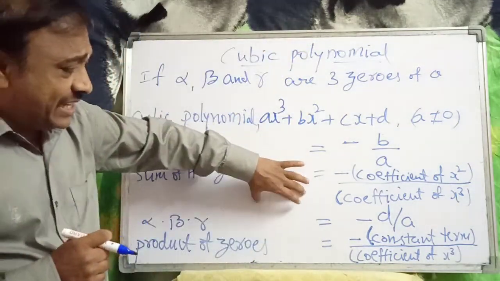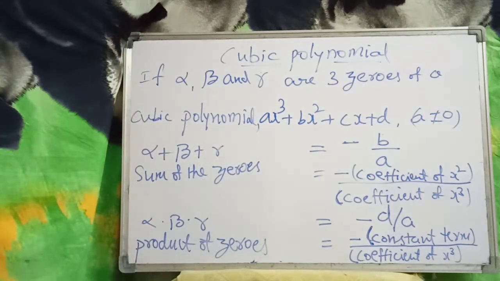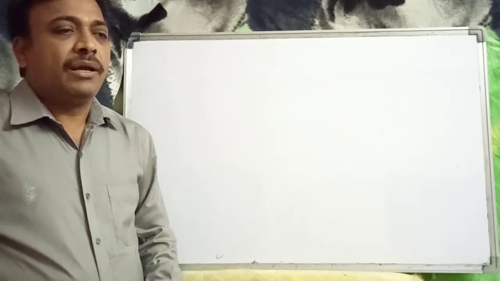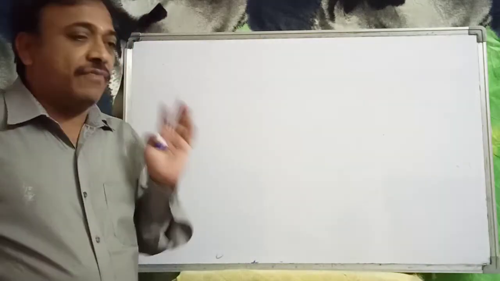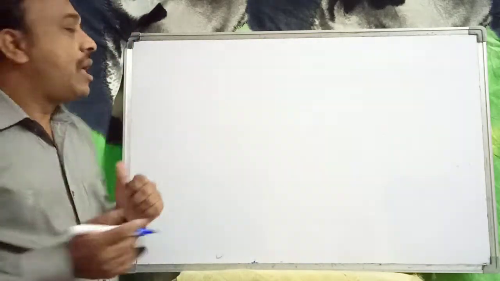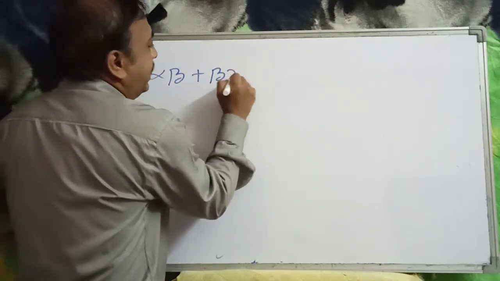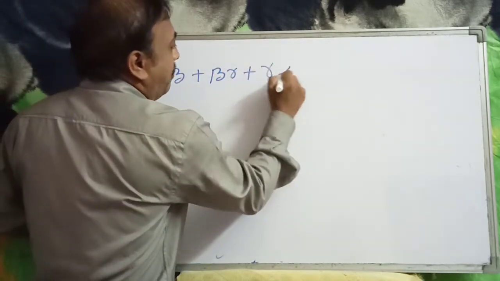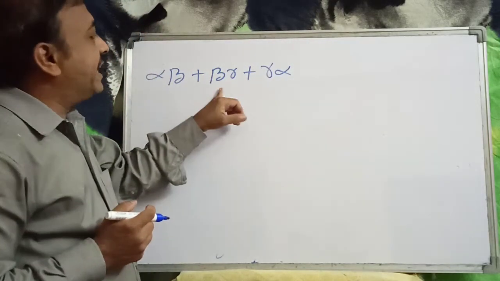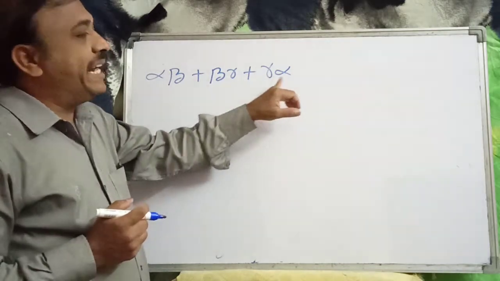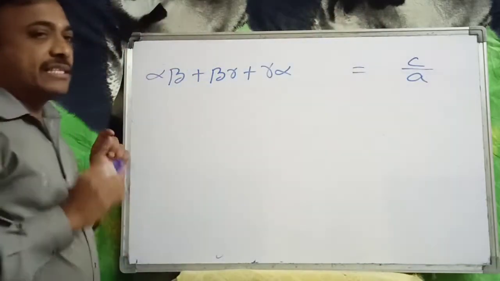First see this, I hope you understood. Now we'll go to the third one. First we saw alpha plus beta plus gamma, then alpha into beta into gamma. Now the third one: alpha into beta plus beta into gamma plus gamma into alpha, which is equal to c by a.